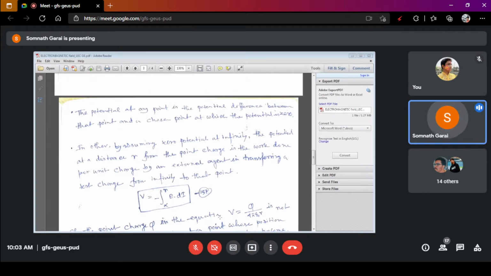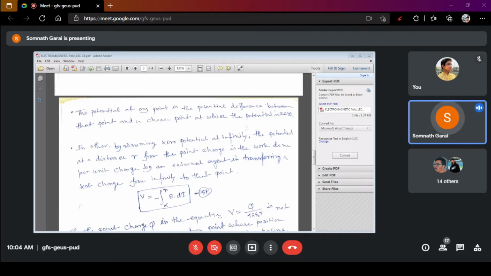That means if we choose any point in an electrostatic field and determine the potential at that point, this will be the potential difference between that point and another reference point situated at infinite distance whose potential is zero.